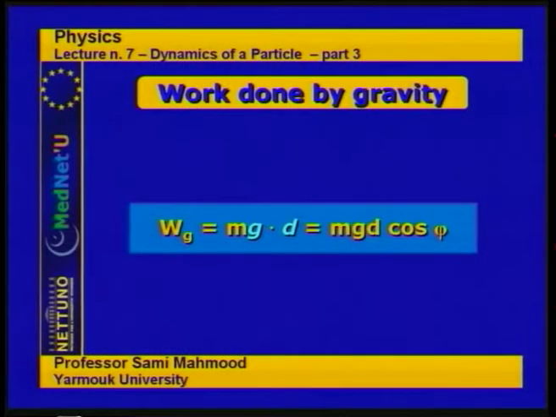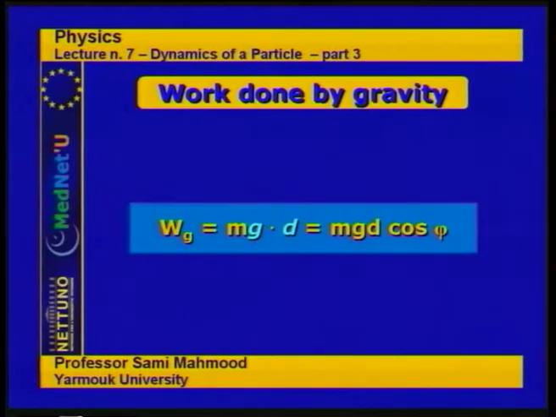From the definition of the work done by a constant force, the work done by gravity on an object which is experiencing a displacement vector d is given by mg dot d, which is the usual definition for work done by a constant force.